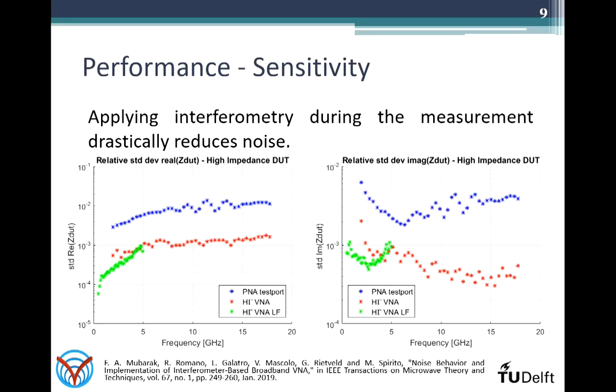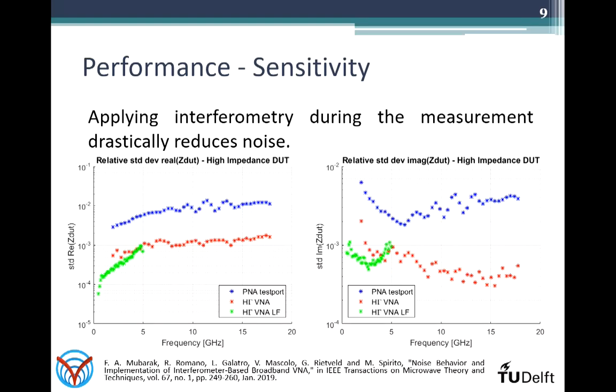We saw already that if we perform a 50 ohm calibration and then apply interferometry, we can drastically reduce the noise. In the example, we can see the standard deviation calculated on the real part and imaginary part of the impedance while measuring a high impedance DUT. The blue trace represents the standard deviation of the measurement performed using the VNA.